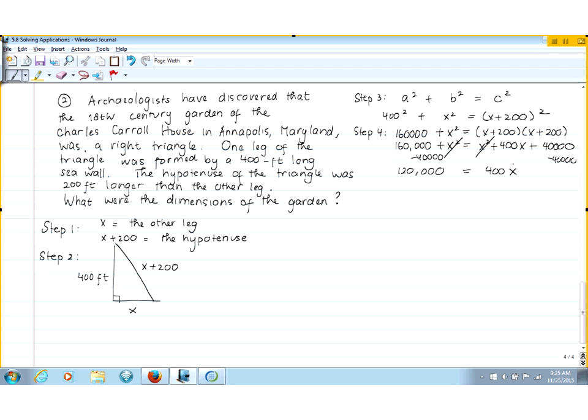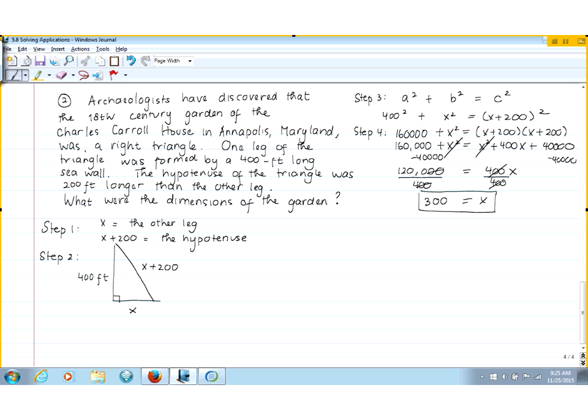And how do we solve for x? Divide both sides by 400. Okay. So x is equal to 300.